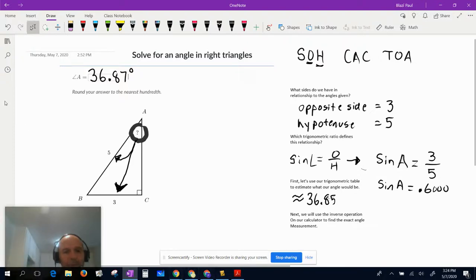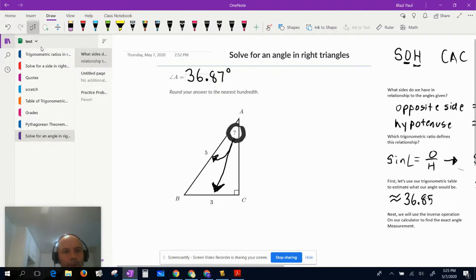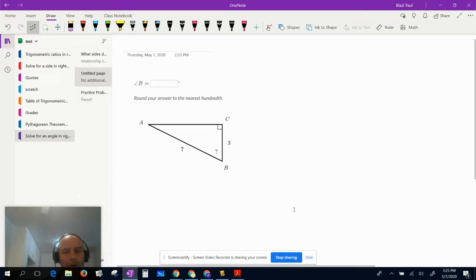Next page. Here we go. Boom. All right. So on this one, we're going to go through the steps a little bit quicker this time. This is the angle it wants. It's giving me the adjacent side, and it's giving me the hypotenuse.